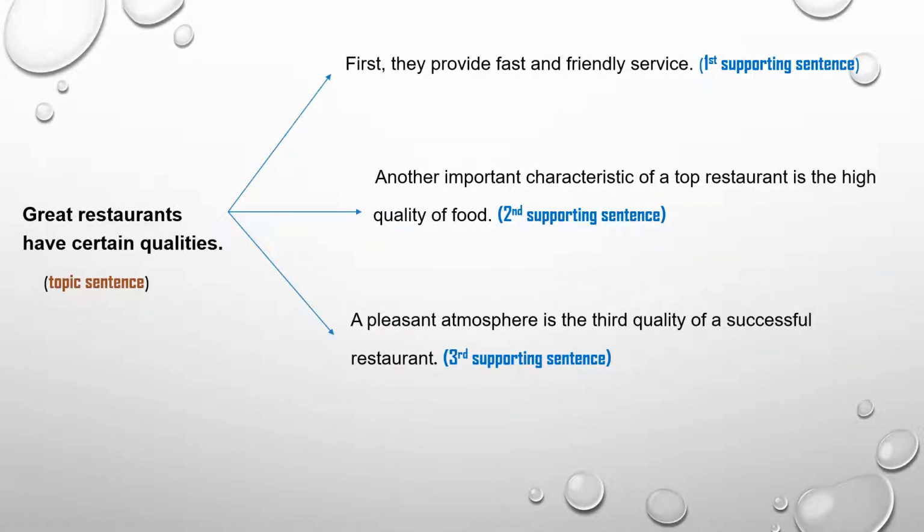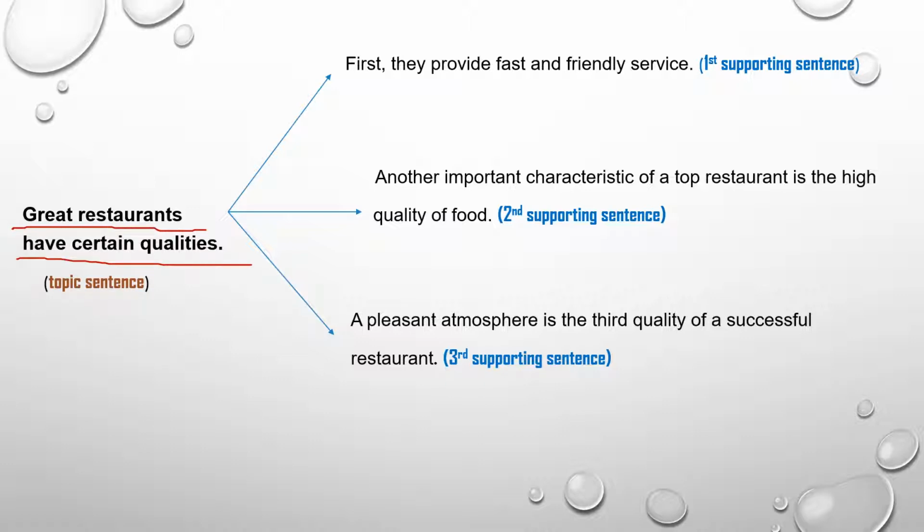Alrighty. Now, here we have some sentences taken from an actual paragraph, and we are going to analyze these sentences. The first sentence we have there is a topic sentence. Our topic sentence is the one I just underlined. Great restaurants have certain qualities.